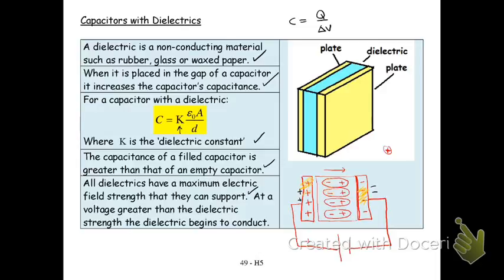At a voltage greater than the dielectric strength, the dielectric begins to conduct. You get basically a zap going through. You basically ionize those molecules, those atoms. You get a conductive path from one plate to another.